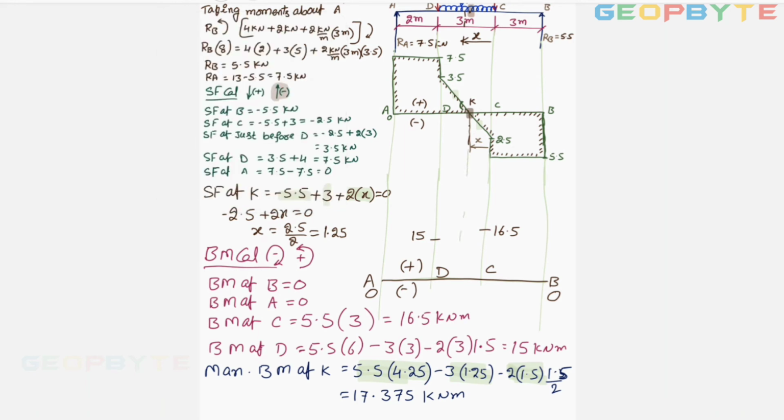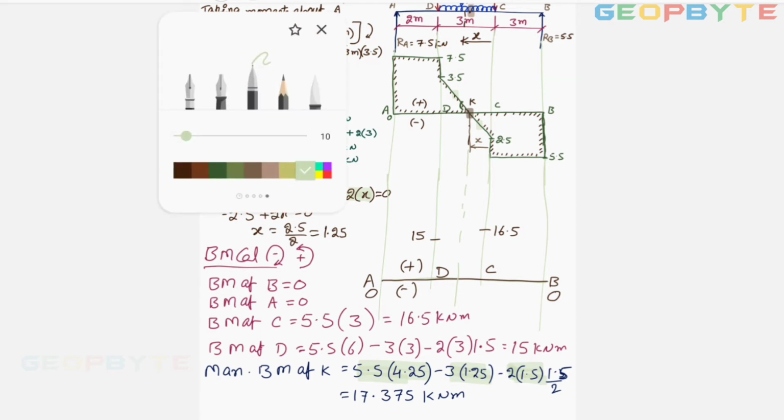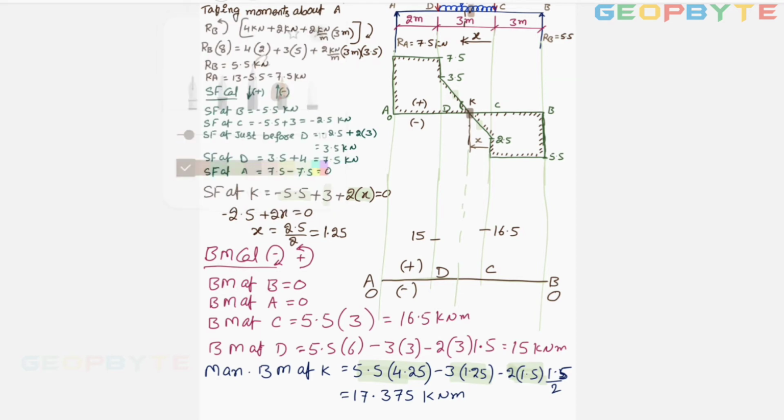From the K project a line like this. Then the maximum bending moment is occurring at the point K, where you are finding the maximum bending moment. That maximum bending moment is 17.375.